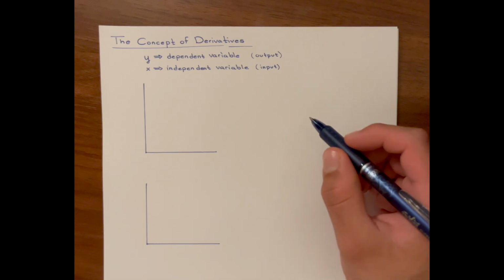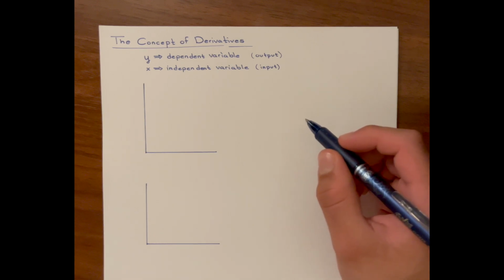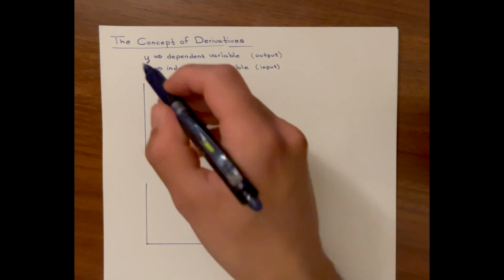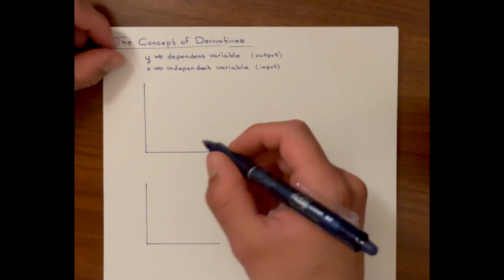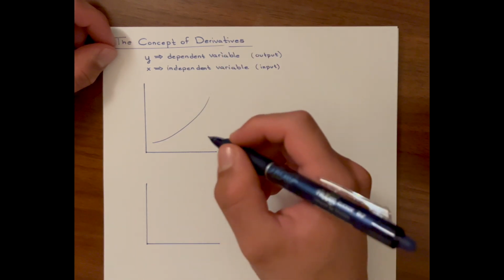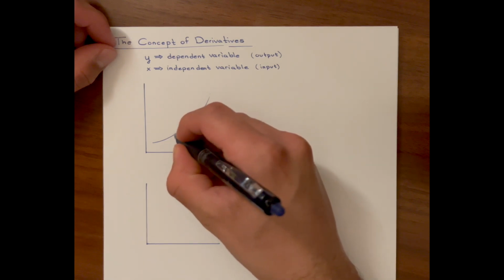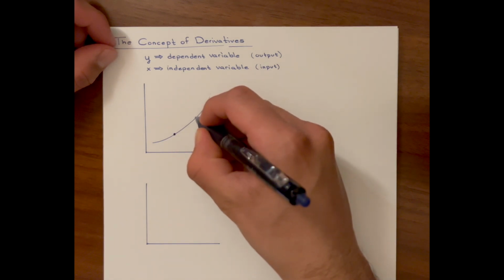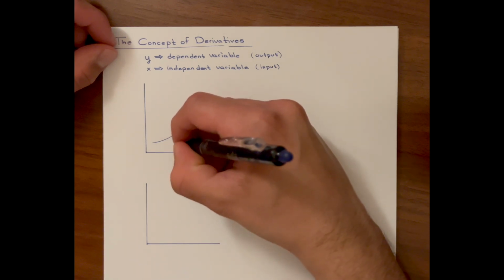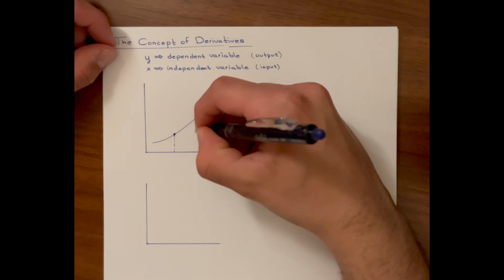Okay, so let's say we graph a relationship between y and x. Y and x can be really anything in terms of physical properties, but let's just look at the math here. Let's say you have a curve, and we want to know the change in y with respect to the change in x at some interval between 2 points, like so.